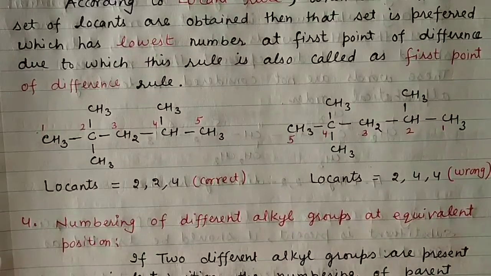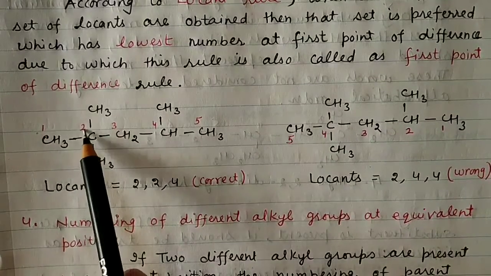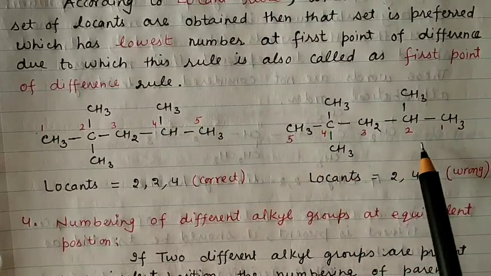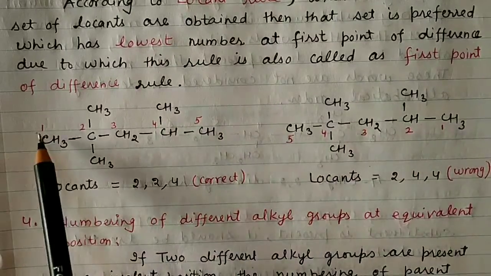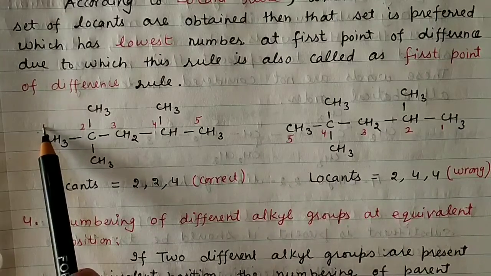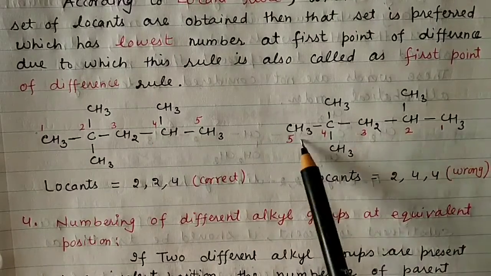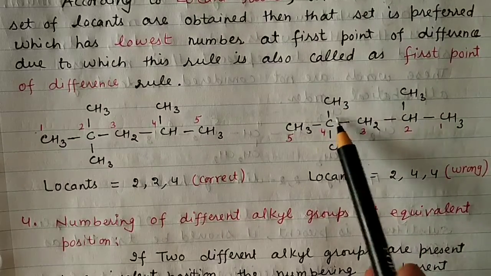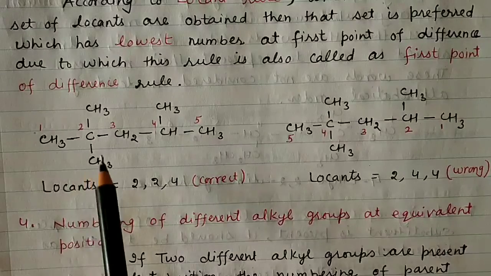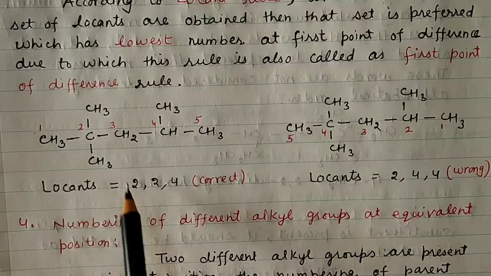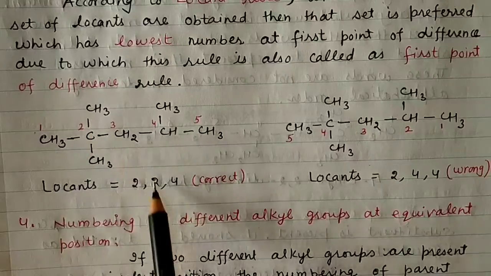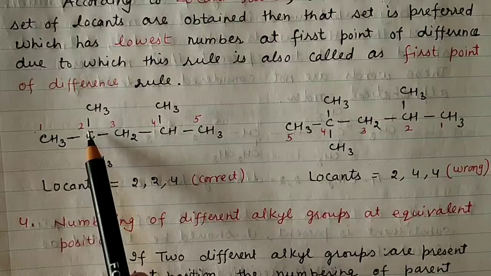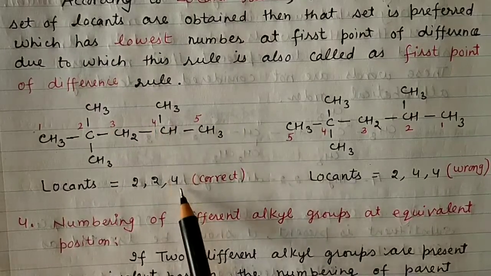So here you will see the locants are at position 2 and at position 4, and in the same compound, if we start numbering from left to right and here from right to left, you will see the substituents are there at positions 2 and 4. Here the locants are at 2, 2, because 2 substituents are there at carbon number 2, and 1 we have at 4 position.